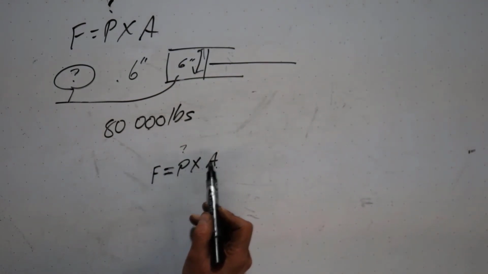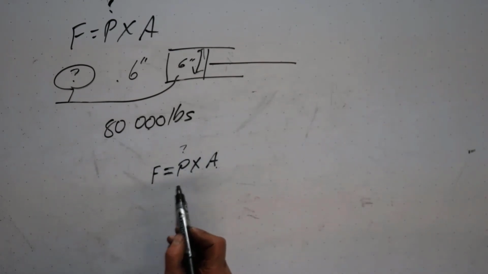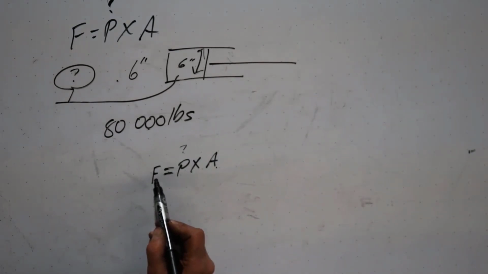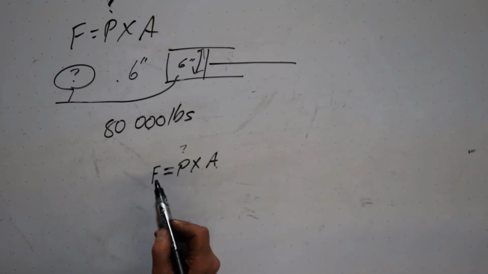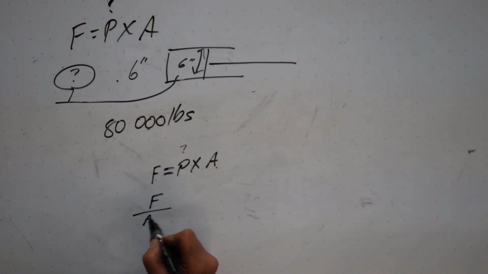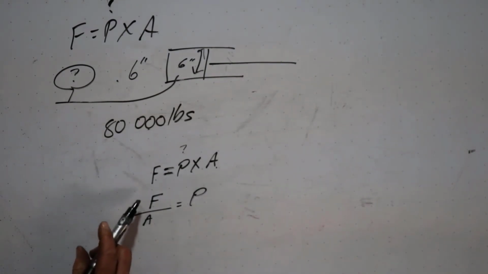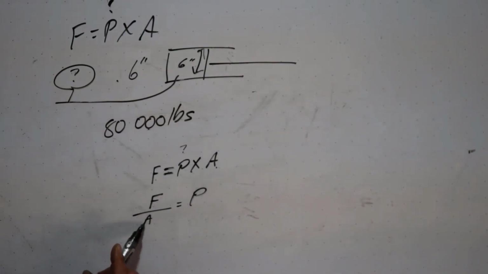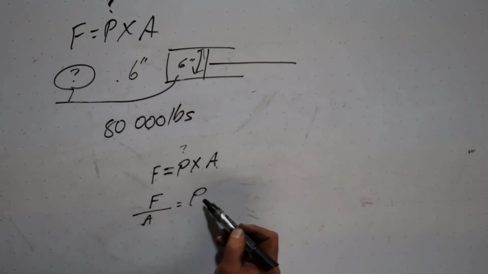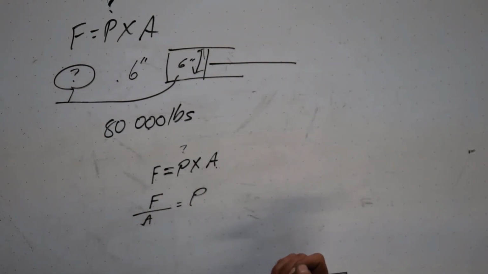So this is times area. If I need to move the area over to the force side, instead of multiplying, I need to divide. So it would be force divided by area equals pressure. So if I took that 80,000 pounds, divided it by the area of the cylinder, I would get the pressure in the cylinder.